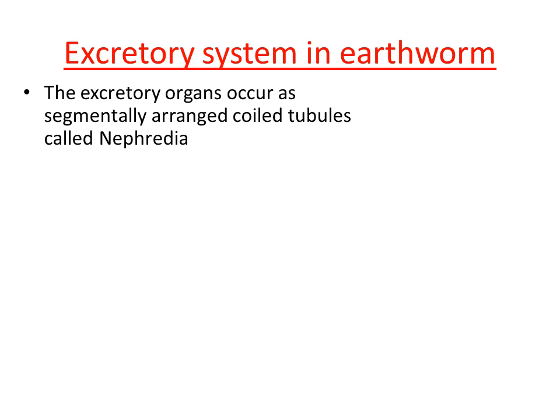In the earthworm, the excretory organs occur as segmentally arranged coiled tubules called nephridia. So one organ forming the excretory system in the earthworm is the nephridia. Nephridia is a coiled tubular structure. These tubular structures are present in each and every segment of the earthworm, right? We already know, children, the earthworm is a segmented animal.